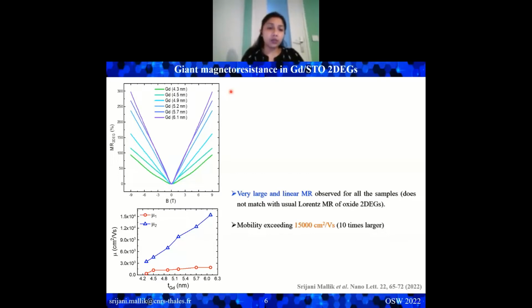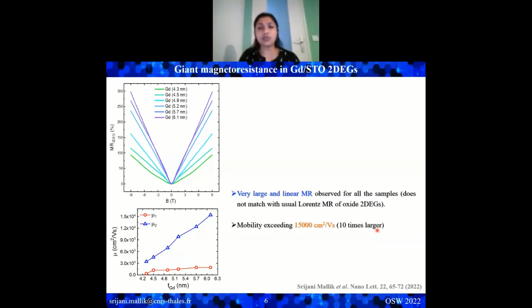And the MR value is also normally close to 50%, whereas in this case, we obtained more or less 300% MR. And the mobility, as we expected from the resistivity ratio, is really high, which is like 15,000 centimeters squared per volt second, about 10 times larger than what we normally observe for other strontium titanate based 2DEGs. So we really wanted to understand what is happening in this case.